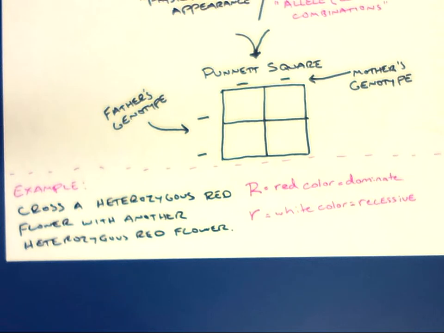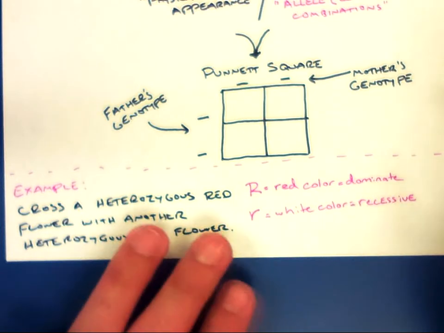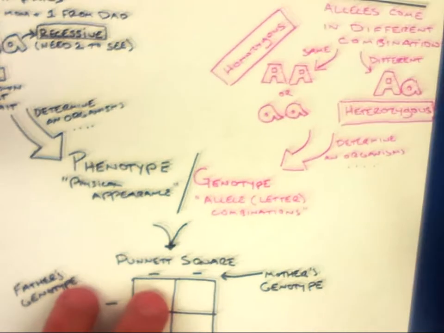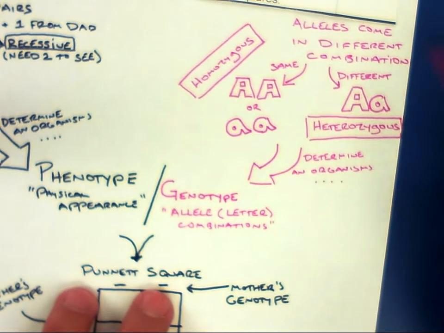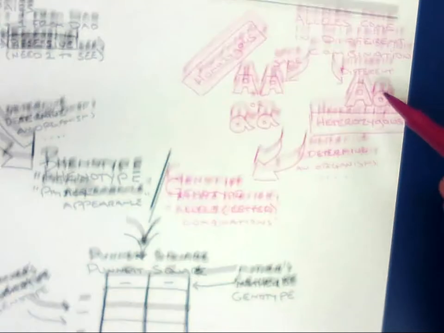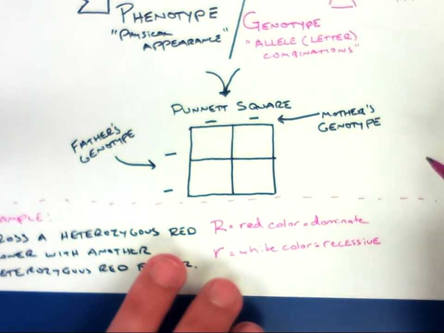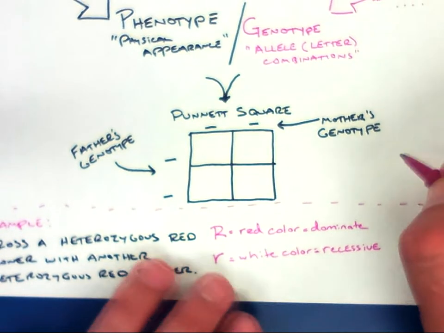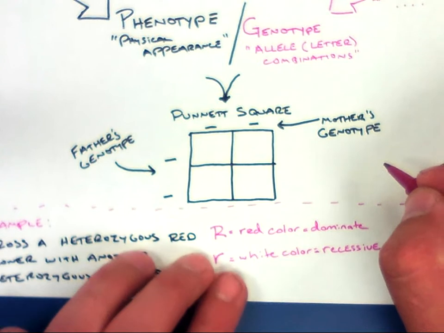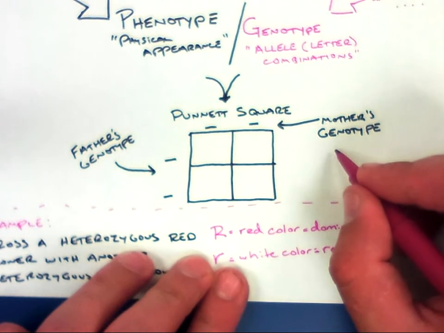All right, so if they're heterozygous flowers, does that mean they have two of the same alleles or two different alleles? Two different, because heterozygous is right here, two different. So for the mother is heterozygous red. So what is her allele combination? What's her genotype? What letters would I write?